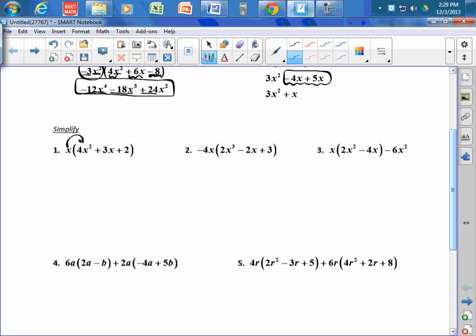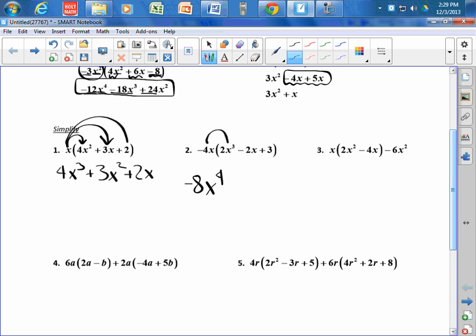You're going to be taking x times 4x squared and get 4x to the third. We're going to take x times 3x and get plus 3x squared, and then take x times 2 and get plus 2x. Negative 4x times 2x to the third. Negative 4 times 2, negative 8. X times x to the third is x to the fourth. We're going to be taking negative 4x times negative 2x.